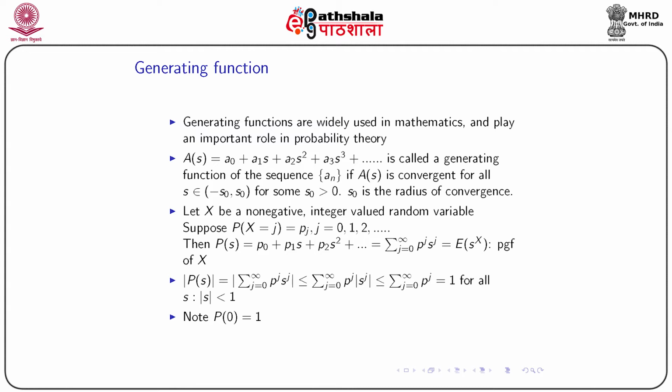We know the sum of all the probabilities is 1. Whenever the absolute value of s is less than 1, then mod P(s) is less than or equal to 1. So whenever s lies between minus 1 and plus 1, this probability generating function is convergent.